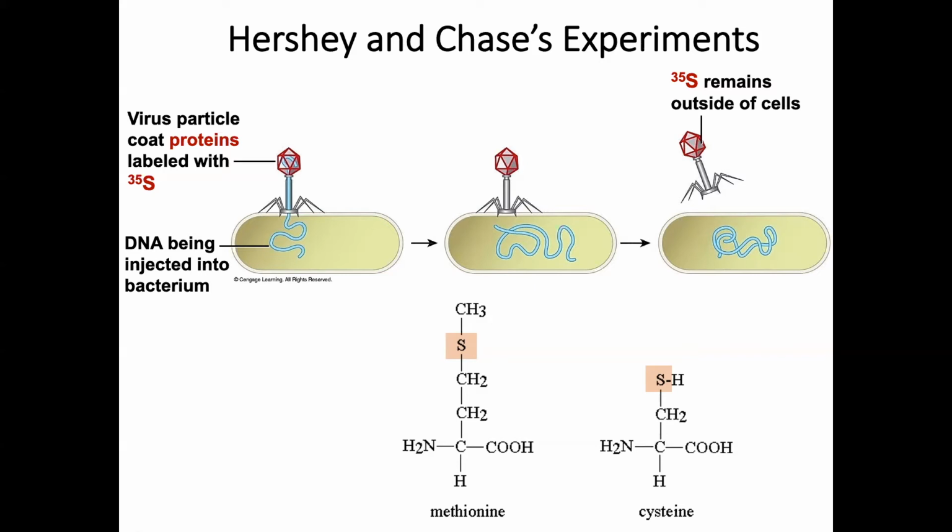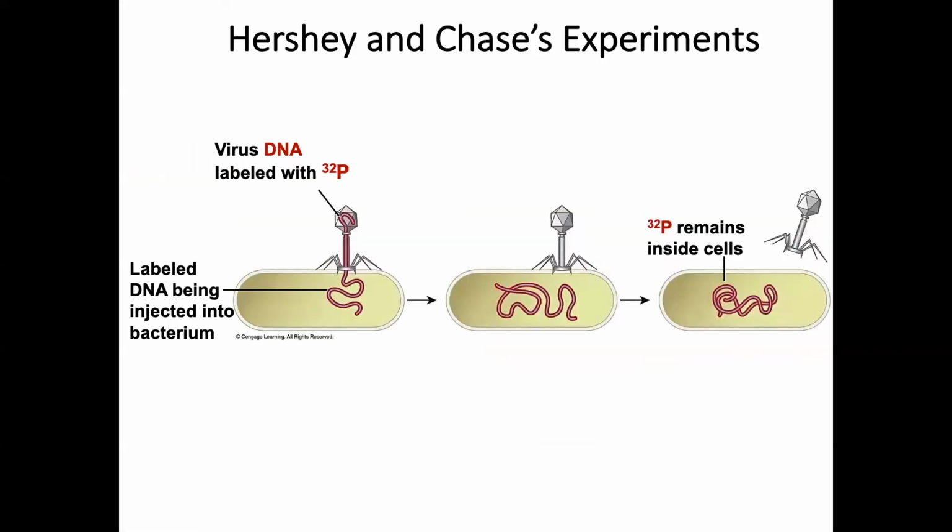In this experiment, it was found that the radioactivity remained outside of the bacterial cells after the infection, meaning the phage proteins do not enter target cells and stay outside. But in a second experiment, this time the viral DNA was labeled. This time radioactive phosphorus, called P32, was used for labeling.